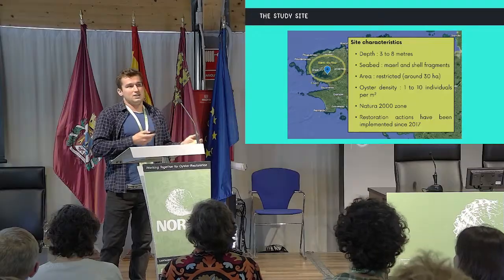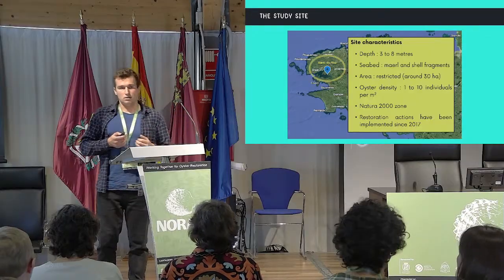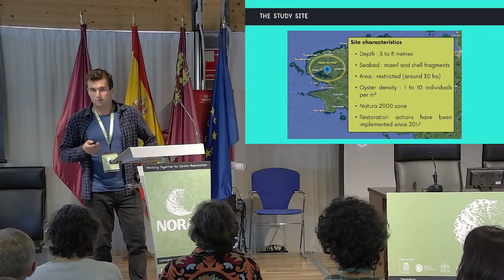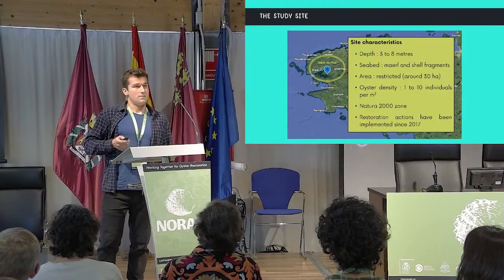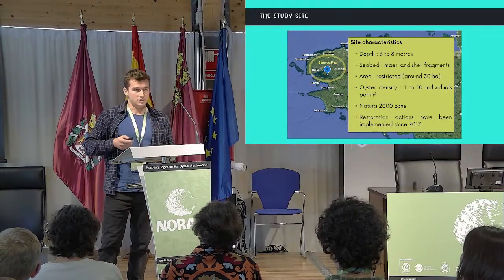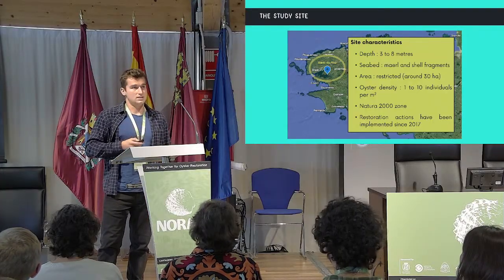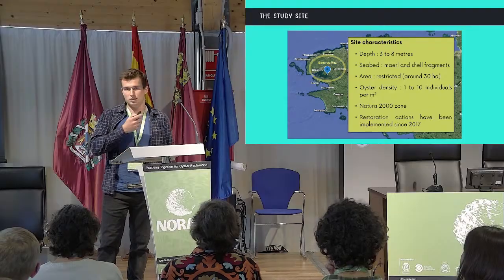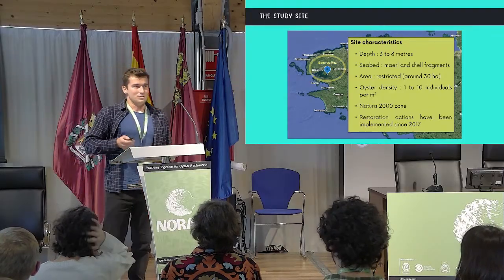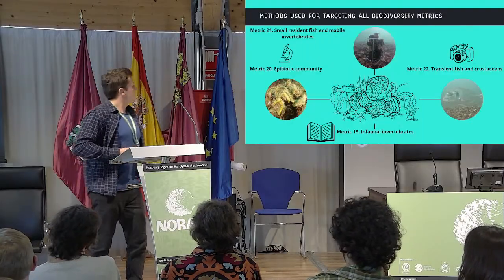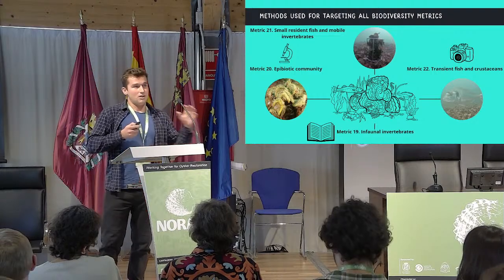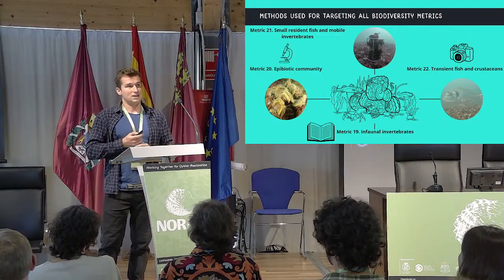We have oyster aggregates and individual oysters. It's good for the oysters that it's in the Natura 2000 zone, so all fishing and dredging activities are prohibited. Restoration actions have been implemented at this site since 2017, and that's the work of Stéphane Pouvreau. So, you know it.